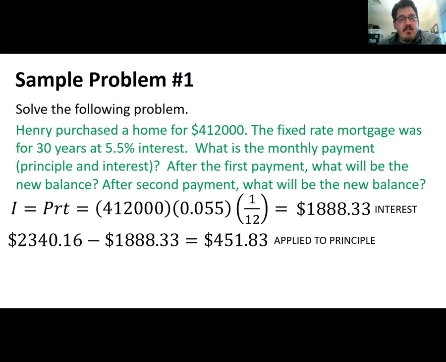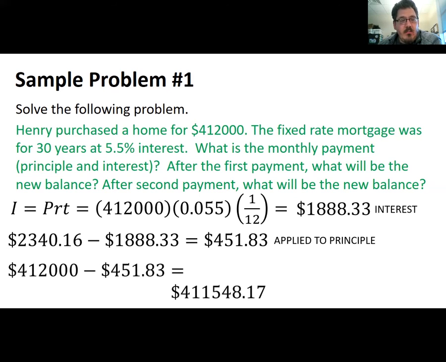So what happens is when we go to make our monthly payment, the $2,340.16, we have to first pay off the interest that accrues, and what's left is the amount that's applied to the principal. So in this case, by subtracting off the interest, we end up with $451.83. That is the amount that goes towards principal. All right, so we go back to our previous balance of $412,000.